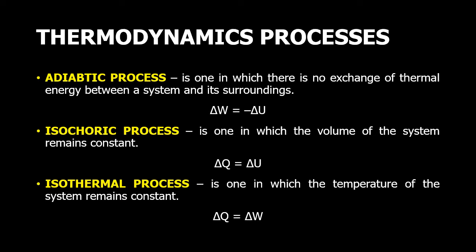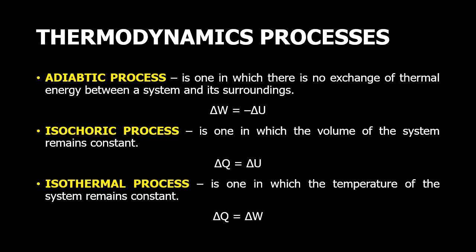An isochoric process is a constant volume process. So that is what we always remember: constant volume process. When the volume of a thermodynamic system is constant, it does no work on its surroundings. So, no work is done.